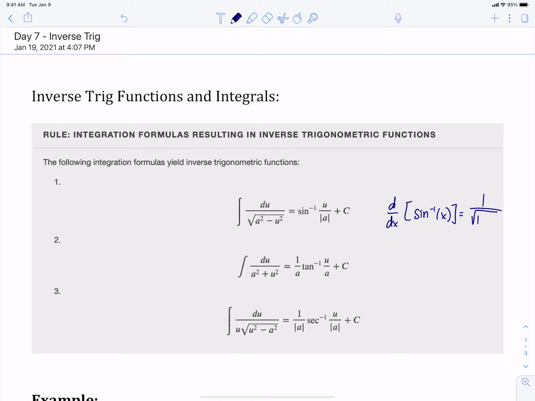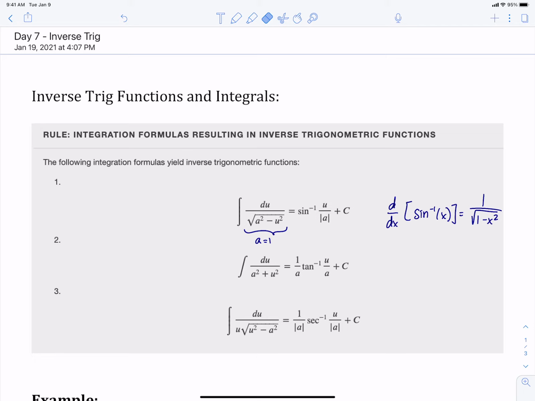So, remembering that the derivative of inverse sine of x is 1 over the square root of 1 minus x squared, that's a little bit how we get to this. If we let a equal 1 here, then we would get that the integral of 1 over the square root of a squared minus u squared, where a is a constant, is the inverse sine of u over the absolute value of a.